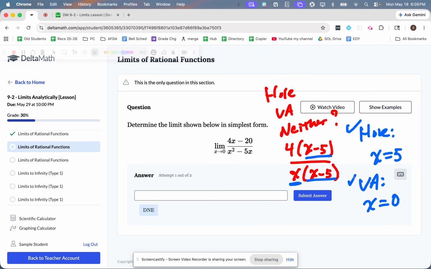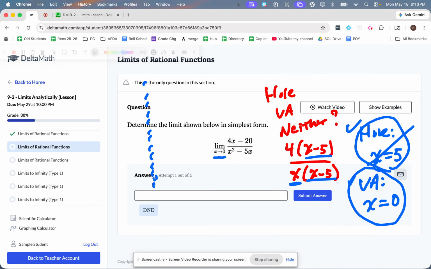Well, where is the limit asking us to look? They're asking us to look at where x approaches 0. So this doesn't matter. Who cares what's happening at x equals 5? Yes, there's a hole, but the limit is asking, what is the y value turning into as x approaches 0 from both sides?